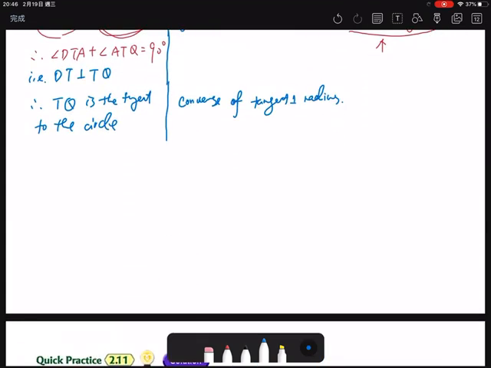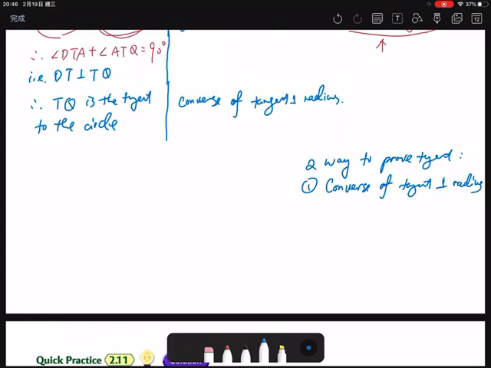So up to now you have two ways to prove tangent. One is the converse of tangent perpendicular to radius.